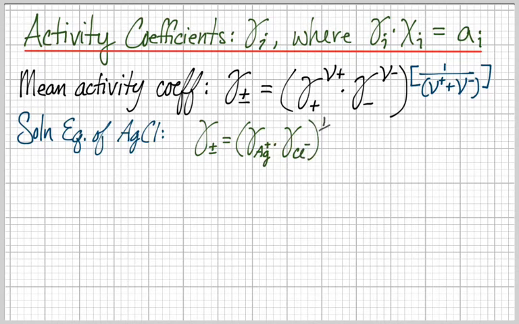If I wanted to calculate the mean activity coefficient, I would take the activity coefficient of the silver ion raised to the 1, because I have 1 mole of silver ion, and the activity coefficient of the chloride ion raised to the 1, because I have 1 mole of the chloride ion, and the net combination of those two multiplied by each other is raised to the 1/2 power, because I have 1 over 1 plus 1. So I'd have, just looking at the very basic breakdown, that would be where I'd be tying things together.